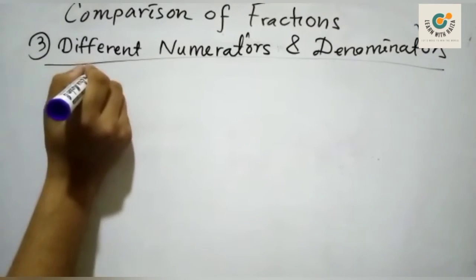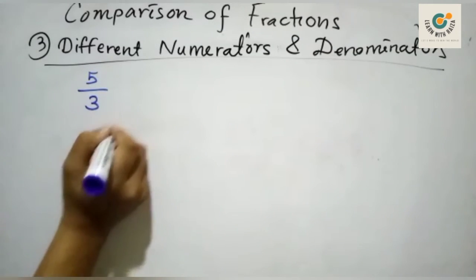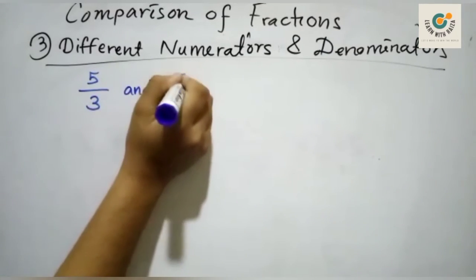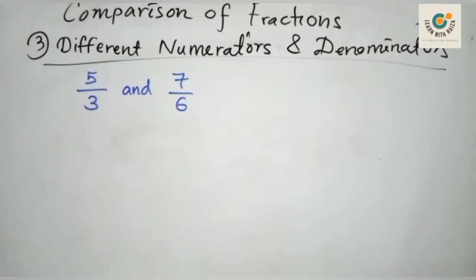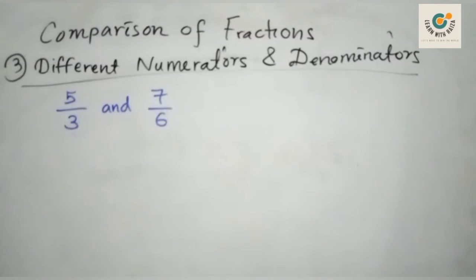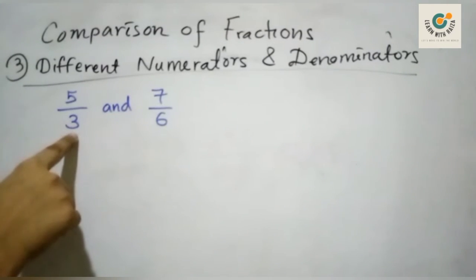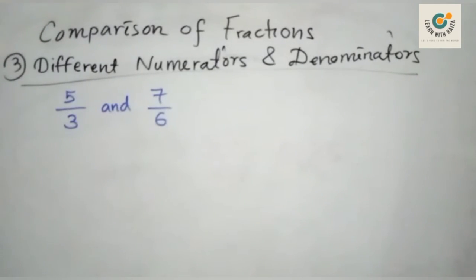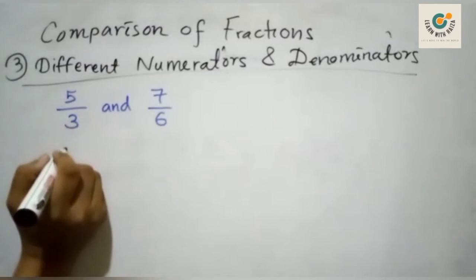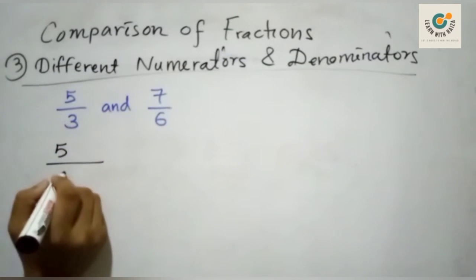So for example, if I take two fractions, 5 over 3 and 7 over 6, which is the larger fraction? For this purpose, you have to make their denominators same. So when you are given two fractions, check whether the smaller denominator can make the larger denominator. So ask whether 3 can make 6. Yes.